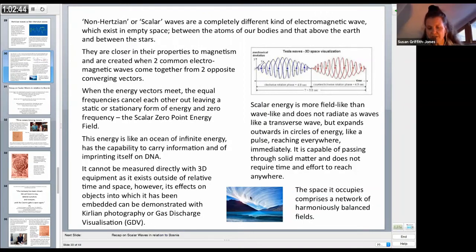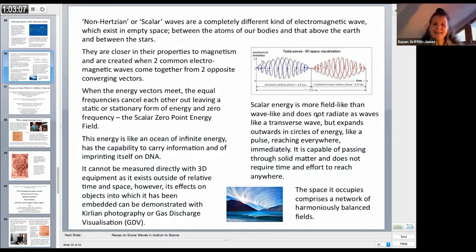So we often see the effect of scalar waves in clouds, in fields of wheat, in structures of rivers and other natural phenomena, and even the way that the hair on our head can spiral from the crown outwards.